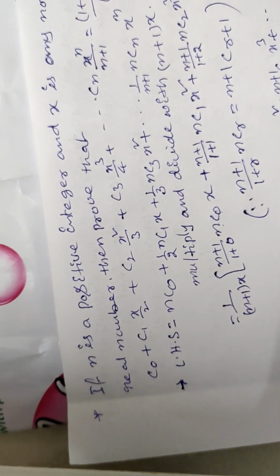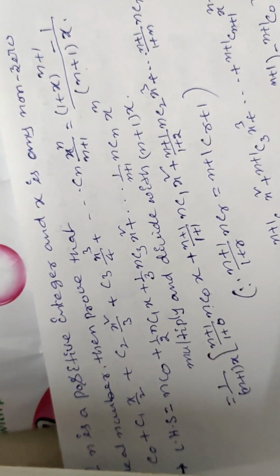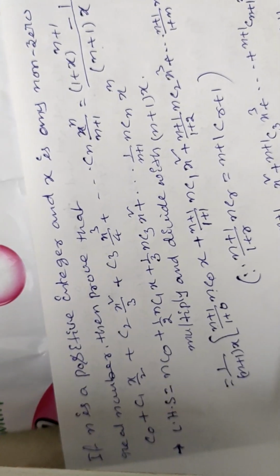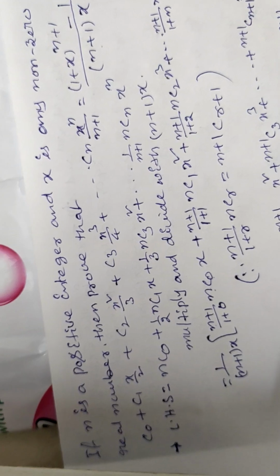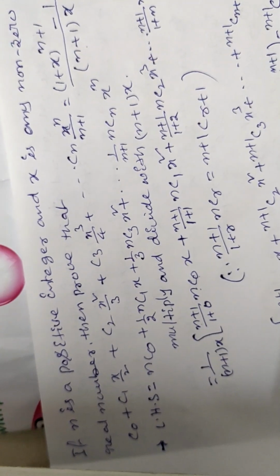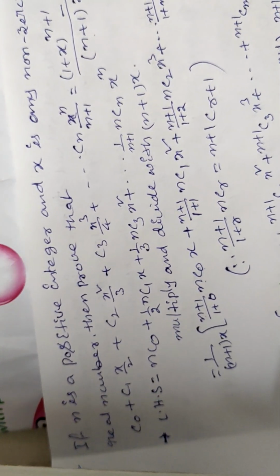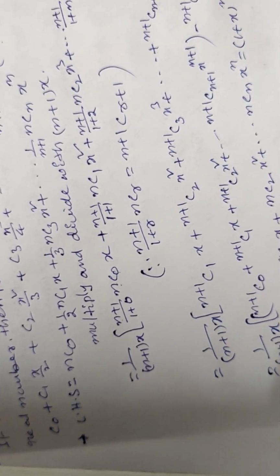So now, n is a positive integer and x is any non-zero real number, then prove that C0 plus C1x by 2 plus C2x square by 3 plus C3x cube by 4 plus and so on, Cn x power n by n plus 1 equals (1 plus x) whole power n plus 1 minus 1 by n plus 1 into x. Now take LHS.